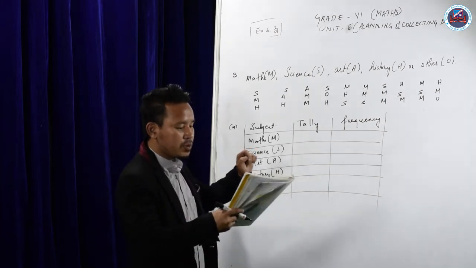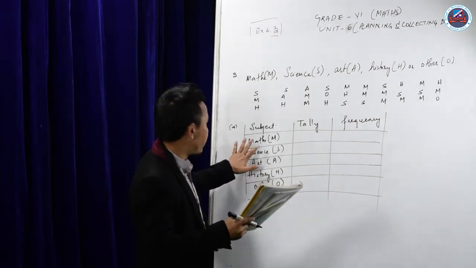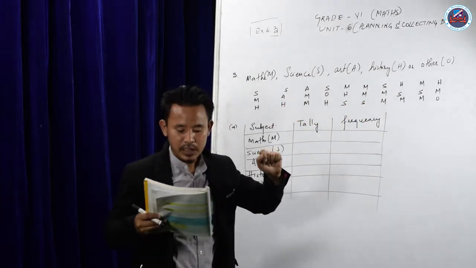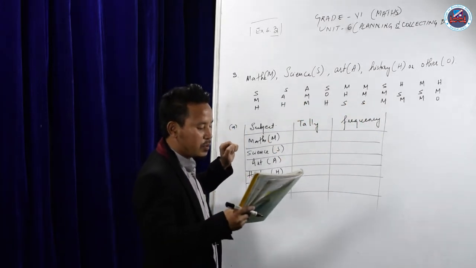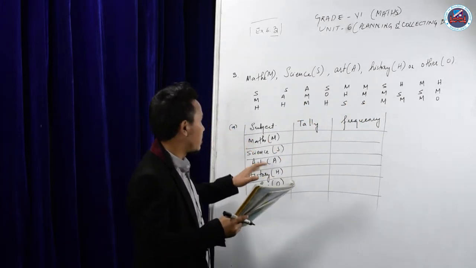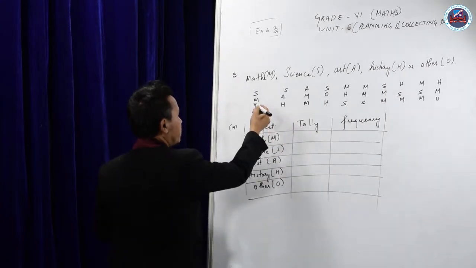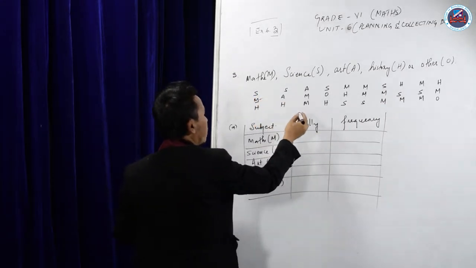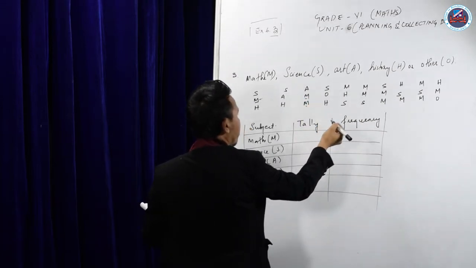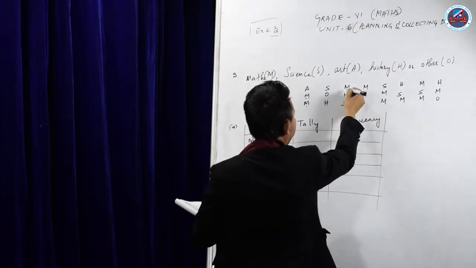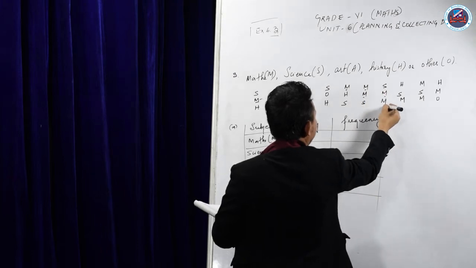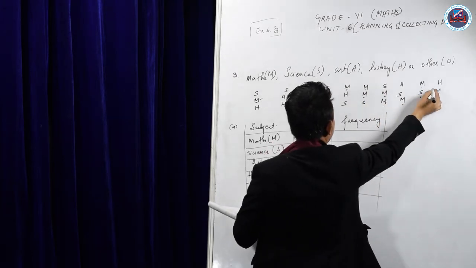Okay, to begin with, let's look at maths. How many students chose maths? As we can see here, there are 30 students. Out of 30 students, how many students chose maths? Let's count. 1, 2, 3, 4, 5, 6, 7, 8, 9, 10, 11 and 12.